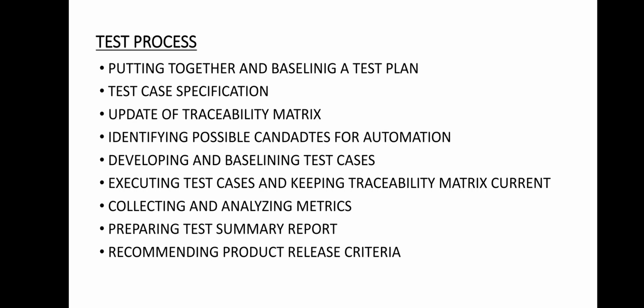Fourth is identifying the possible candidates for automation. Next is developing and baselining the test cases. Next is execution of the above and keeping the matrices updated. Next is collecting and analyzing the matrices. After that, preparing a test summary report. And next, the product will be recommended for release. So we will see the criteria for release.